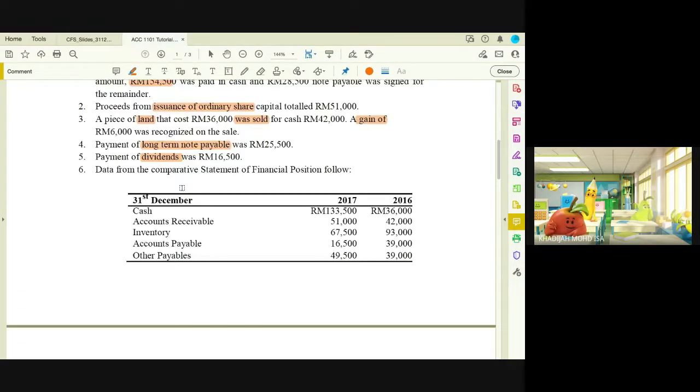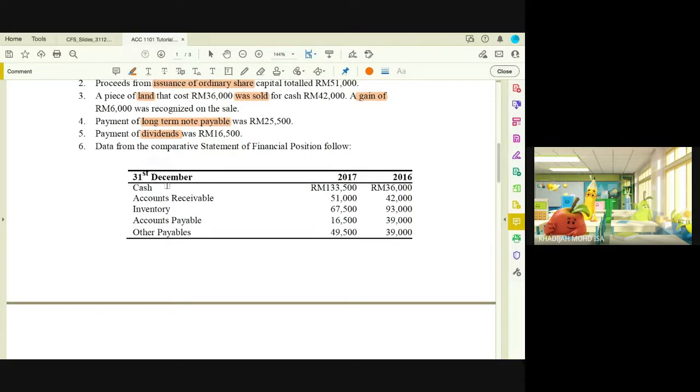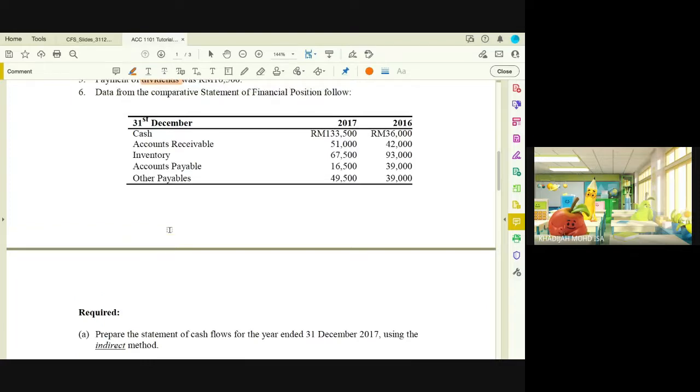And then you also have information about cash, accounts receivable, inventory, accounts payable, and other payables. So what are these? Cash, accounts receivable, and inventory are your current assets. Accounts payable and other payables are your current liabilities.